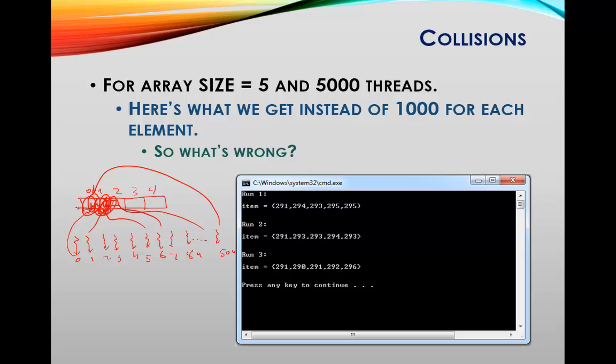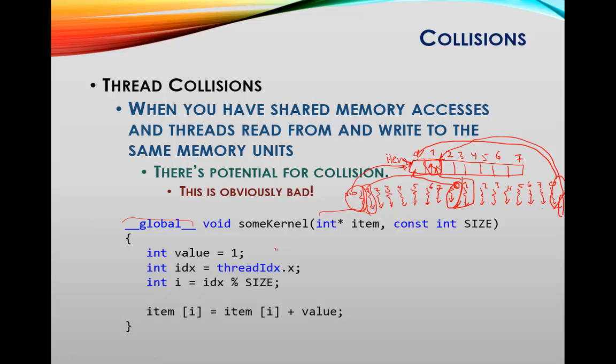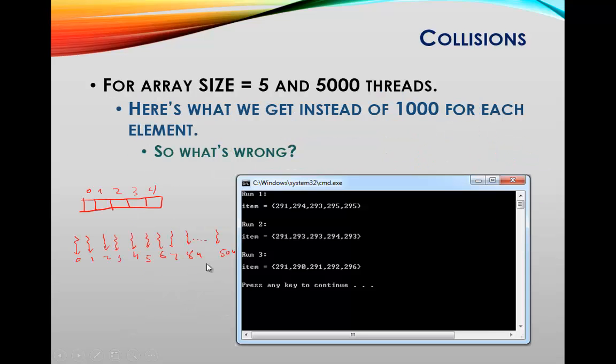Here is the problem that happened. So I have 5 elements. Item number 0, 1, 2, 3, and 4. Now, in my program, each thread will calculate its location and attempt to read the content of that location, add 1 to it, and store it back into that location.